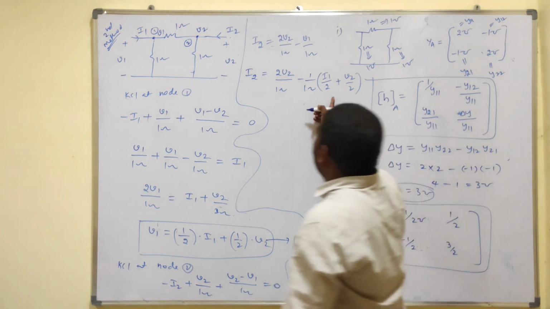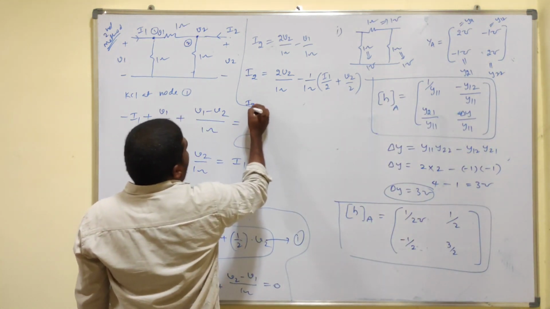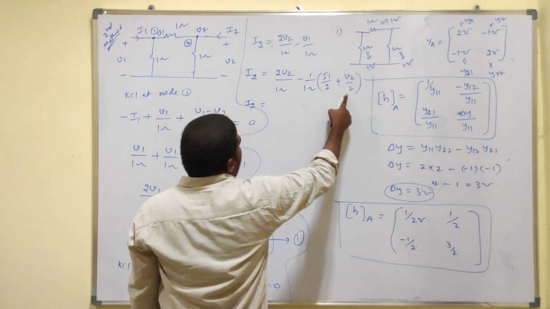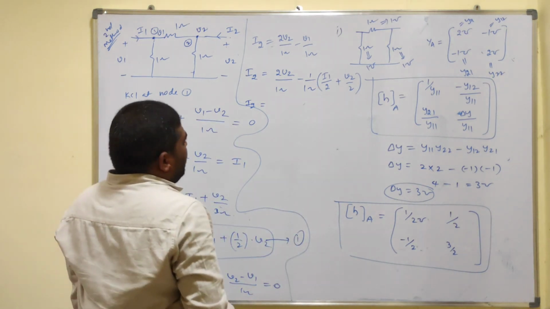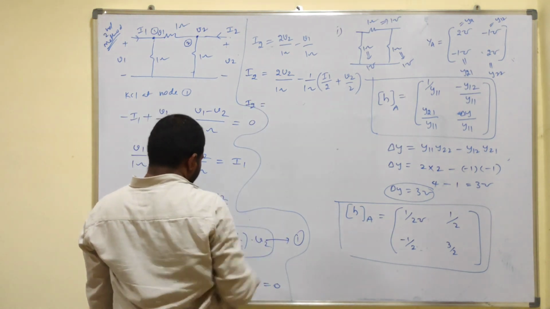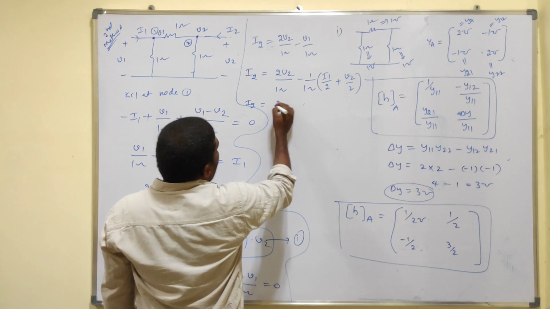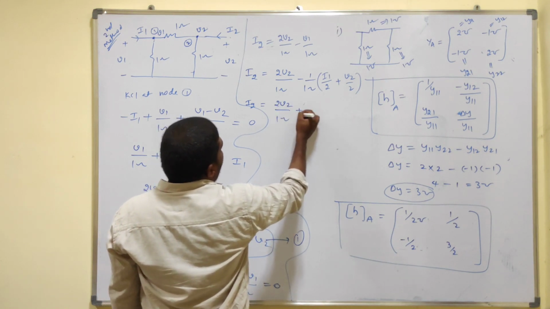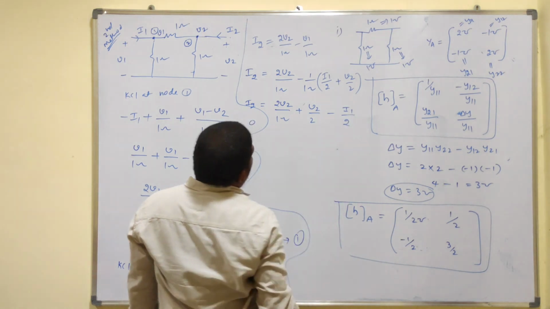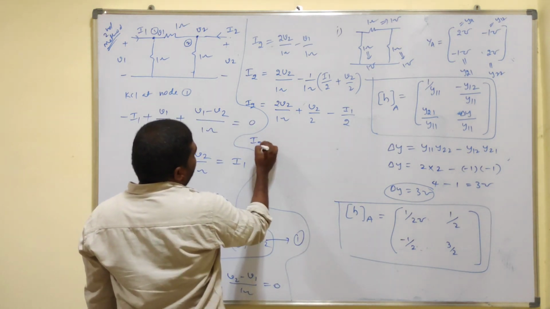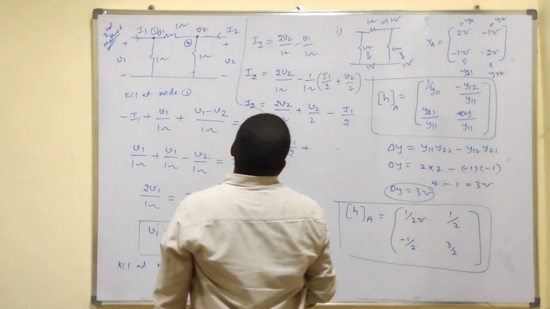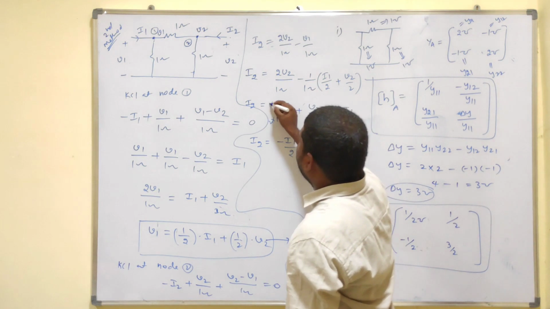Now you can simplify this one. I2 equals 2V2 by 1 ohm minus V2 by 2 minus I1 by 2. Now I2 equals minus I1 by 2 plus, here you multiply with 2 into 2.